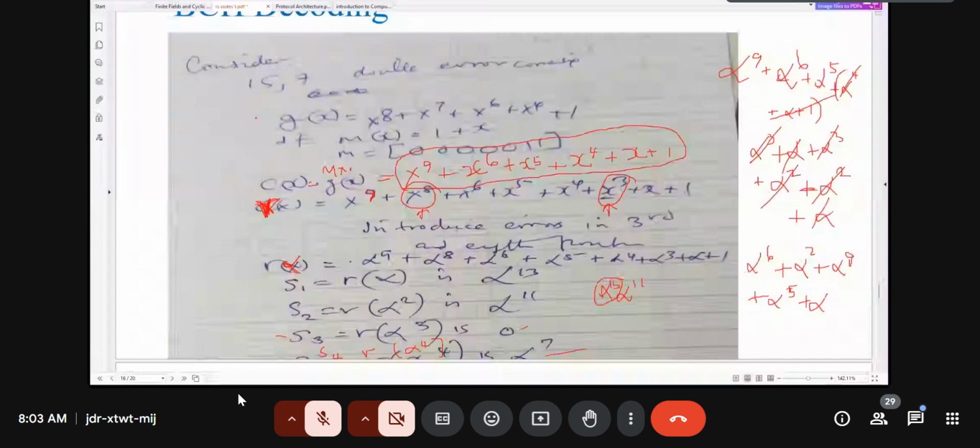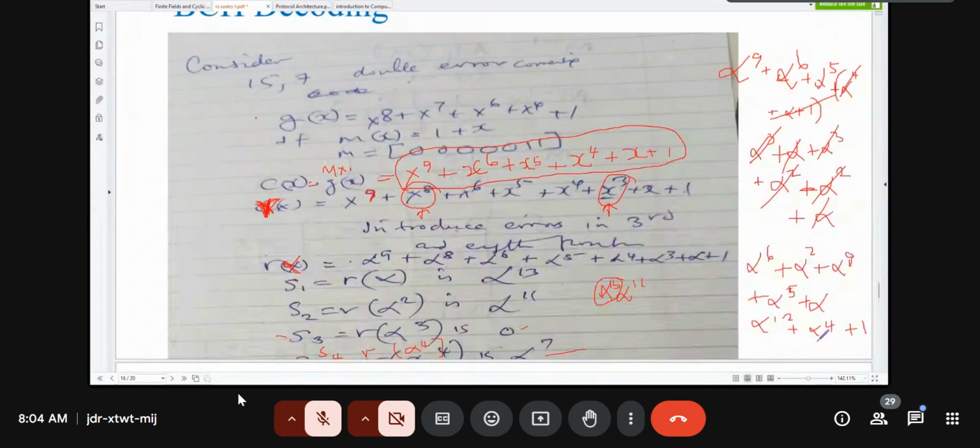This is alpha to the 12, plus alpha, this alpha to the 4. Nothing is cancelling outright, plus 1.